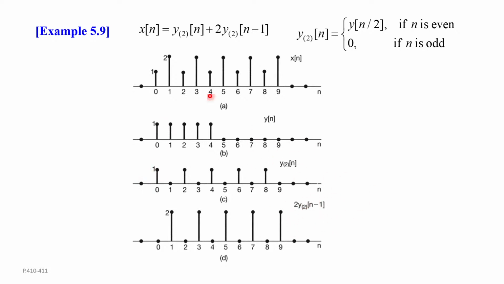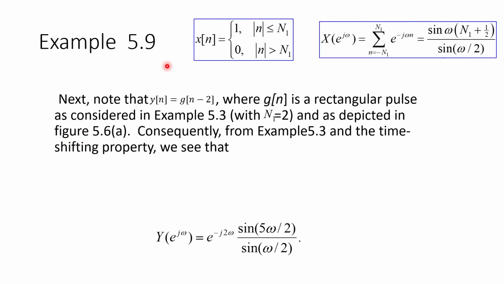And if you add those two together, you get back your x of n. So we can write x of n as a linear combination of these two. And so we want to Fourier transform this thing, and those two all come from this y of n. And y of n is basically a square wave signal, right? And we already know how the square wave signal works.